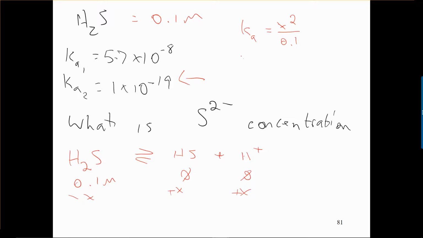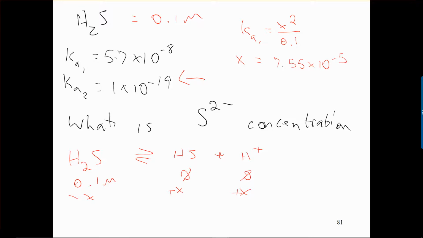So what is X here? We're using Ka1, because that's for the first hydrogen. 7.55 times 10 to the negative 5, right?